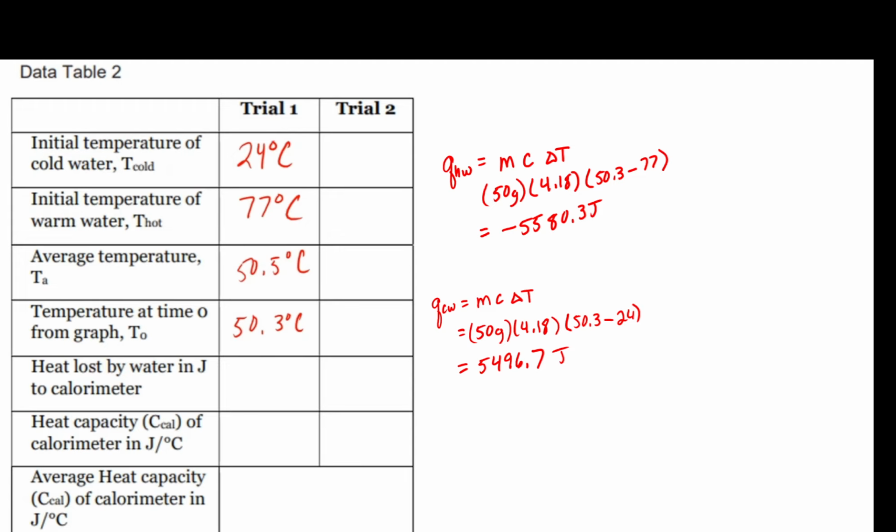So to figure out this box right here, we are going to find the difference between these two numbers: how much energy our hot water lost versus how much energy our cold water gained.